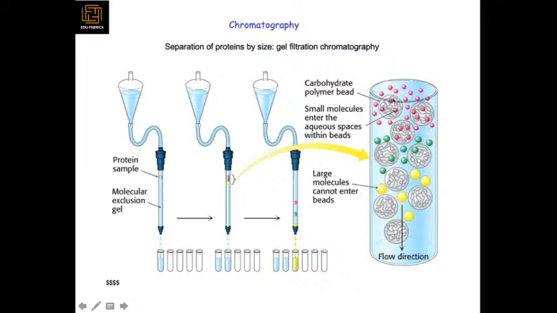Small molecules enter the aqueous spaces within the beads, and there are large molecules which cannot enter the beads. The ones which cannot enter the beads will flow down like that. The ones that enter the beads will be retained and will not go further.